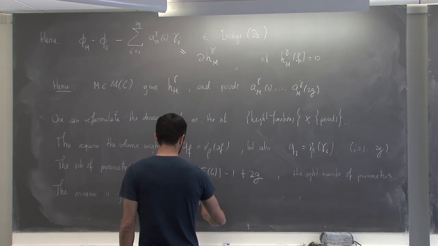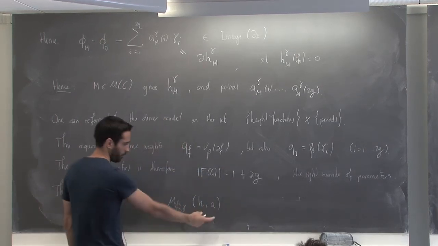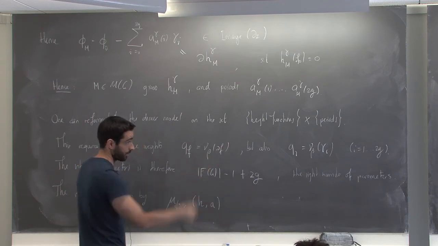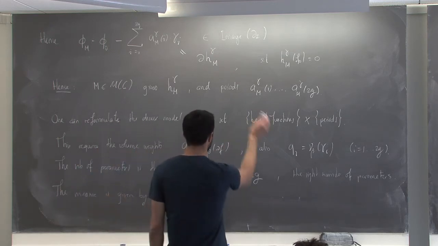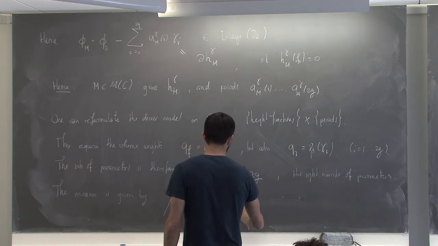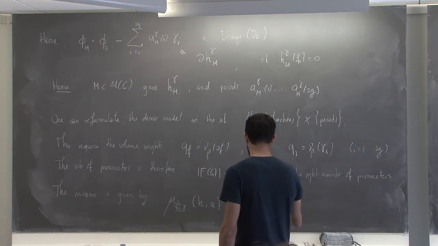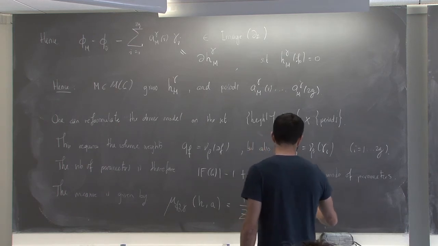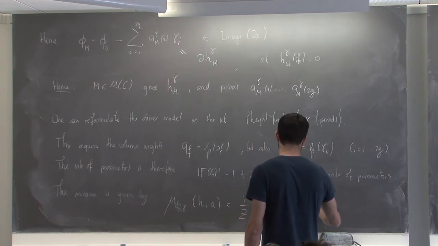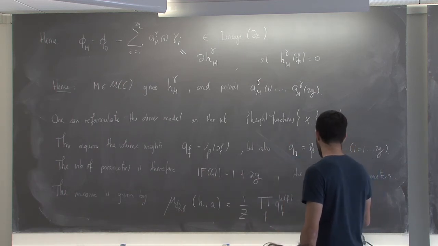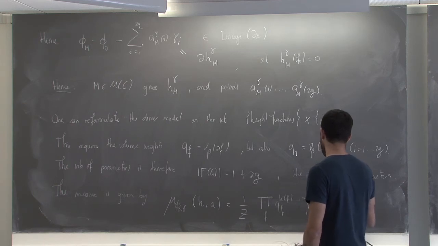And now I need to put as a state, as an input, the height function and these periods, and this will be given by the product over faces Q_f to the power h of f, times the product over i of these new weights Q_i to the power a_i.